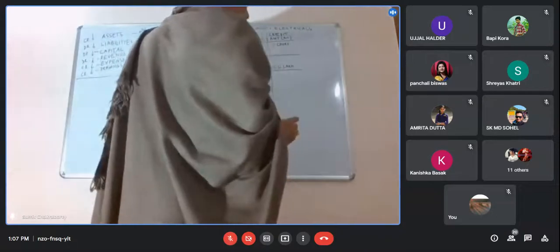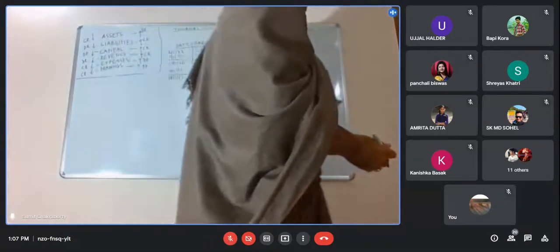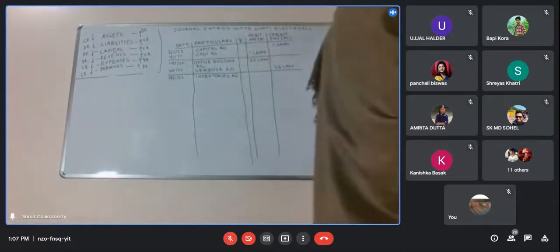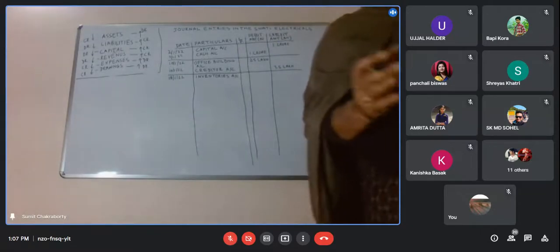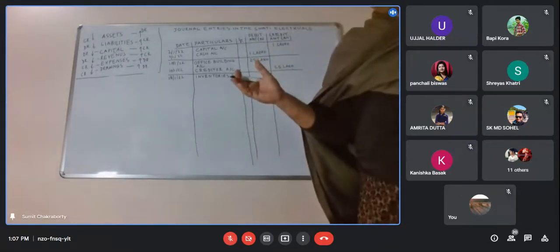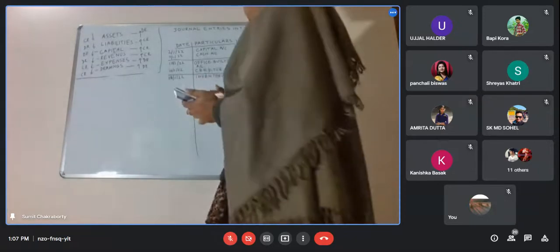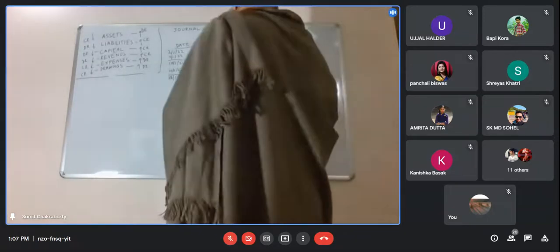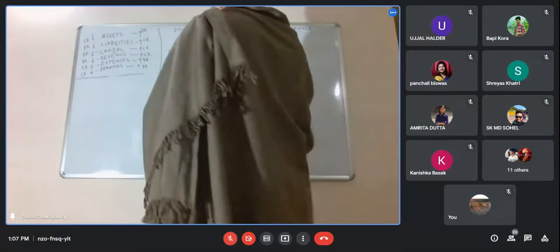So far we are doing 3 or 4 number marks from accounting. We have done it, but I had to go through the basics, the primary things for doing the accounting. Inventories account. Inventory is an asset.